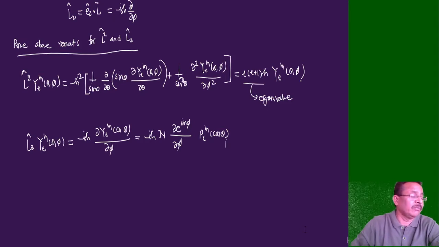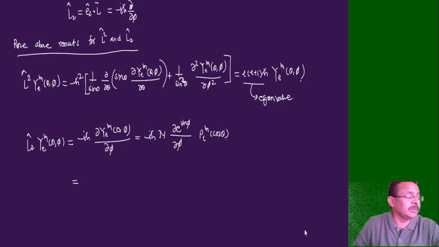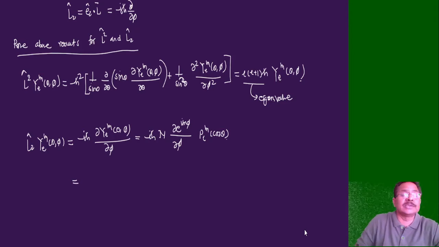Further, we can go for this again in quantum mechanics. This is minus i h-cross times N multiplied by i m, differentiating e to the power i m phi, and multiplied by P_l^m of cos theta.